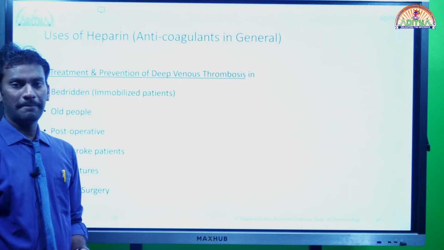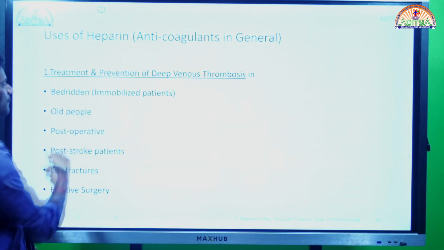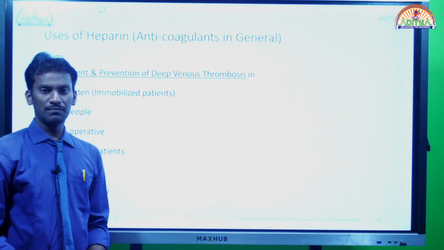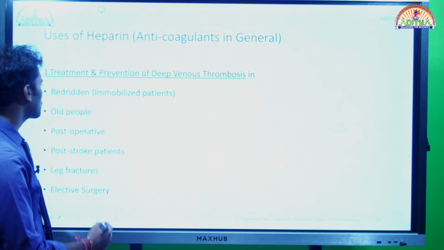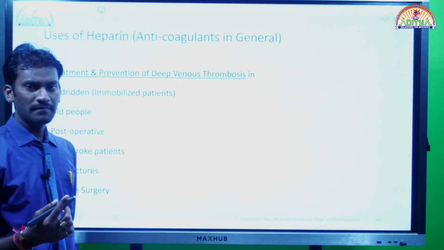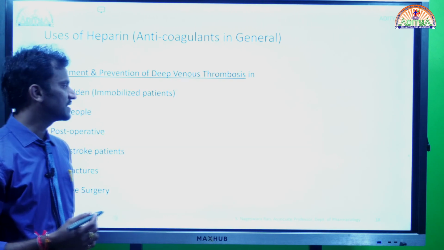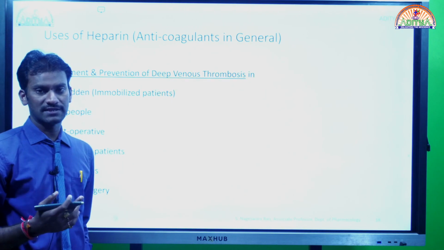Finally, uses of heparin in general. The first use is in the treatment and prevention of deep vein thrombosis, stagnated blood flow. This is usually seen in patients who are bedridden, those who are immobilized.